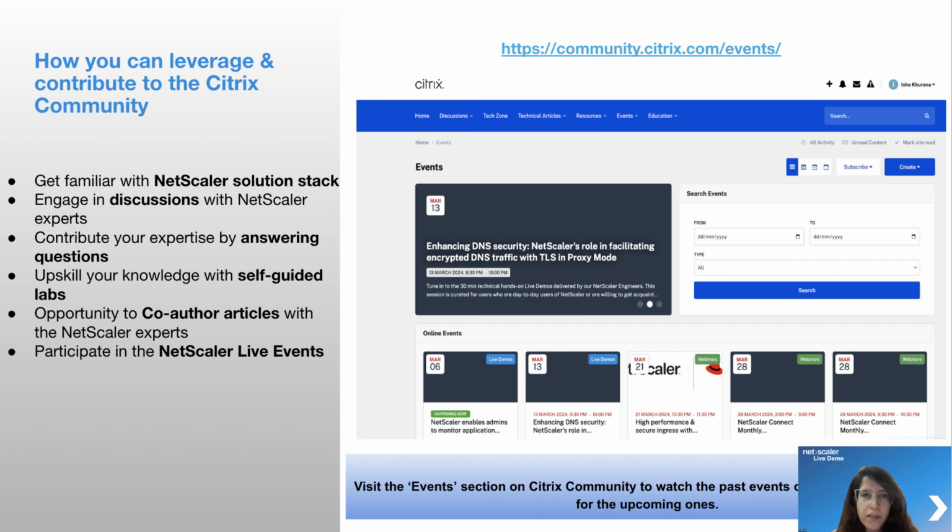So, guys, in the previous NetScaler Connect, we mentioned that we will have some change in the look and feel of the community. We have joined hands with Citrix community, and we will have our NetScaler section within. Inside, discussions, technical articles, resources, events, you will find all the NetScaler content under the NetScaler category.